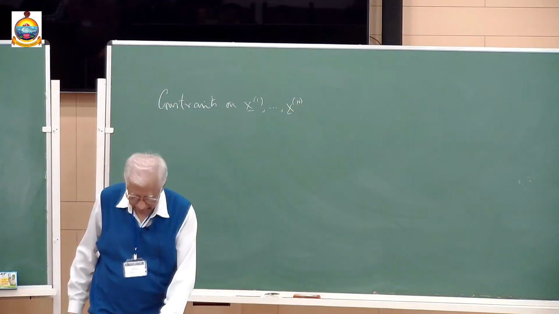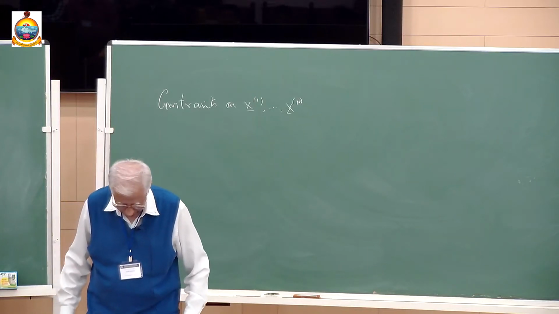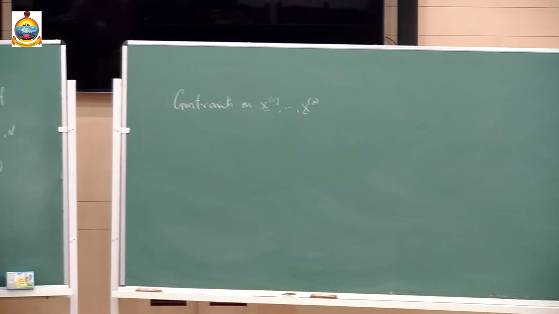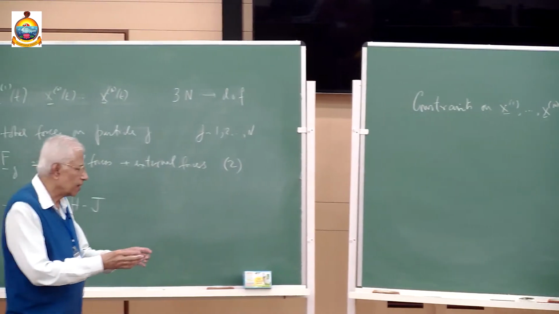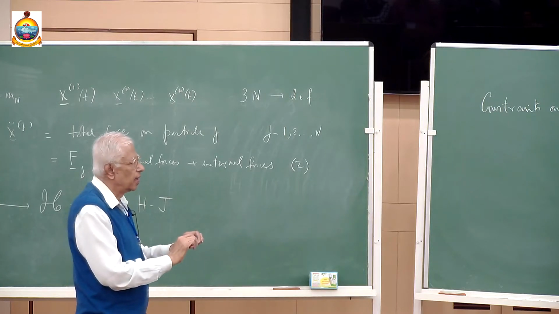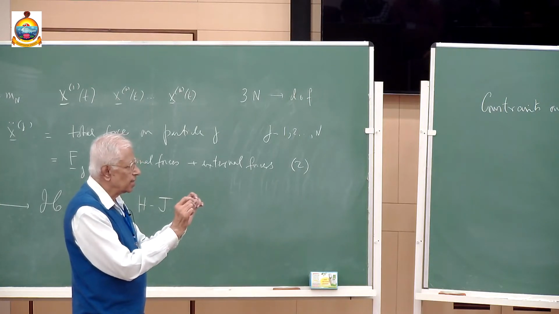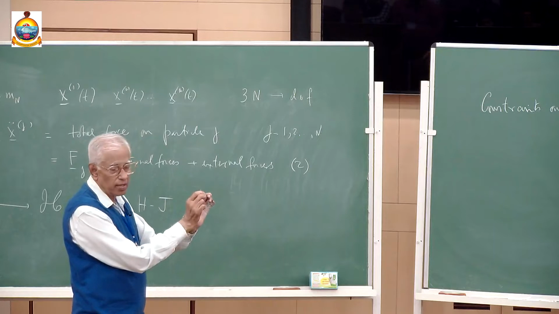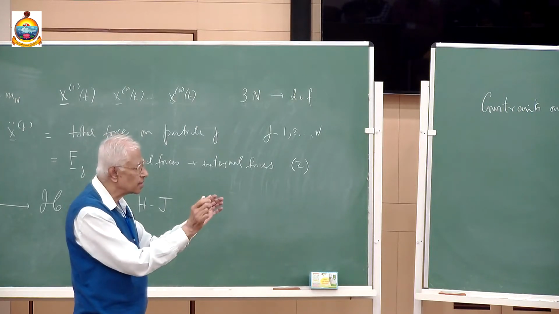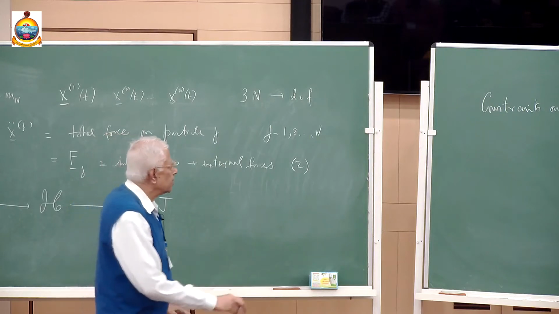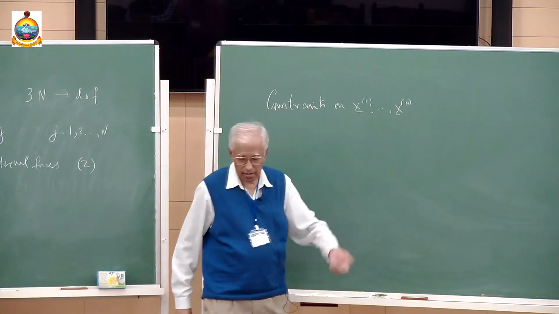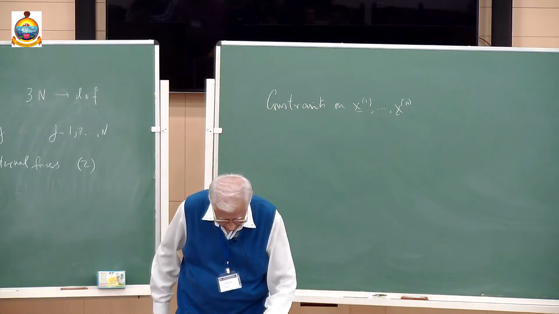For example, physically you can easily imagine, if you want to describe the motions of a rigid body, you can think of a rigid body as a collection of mass points with the condition that the distance between any pair of points is always the same. So you don't allow deformations. Okay? So that would be a set of constraints on the Cartesian coordinates of the particles of your system.